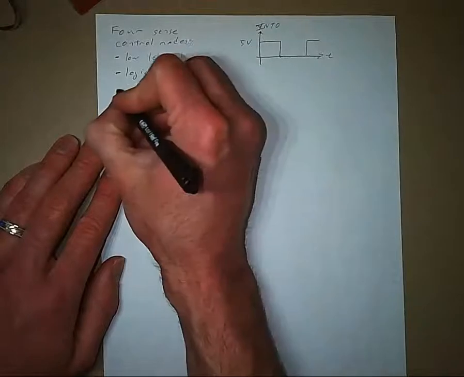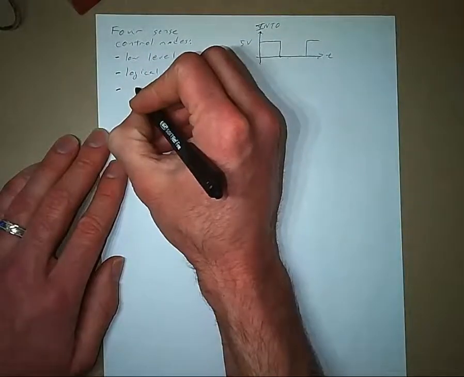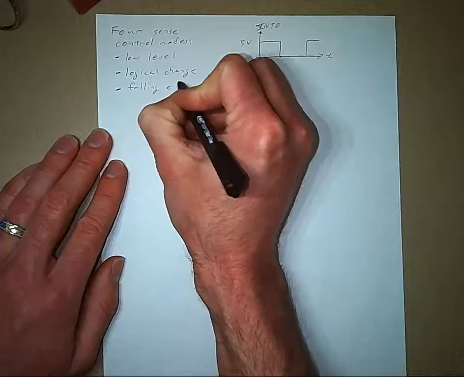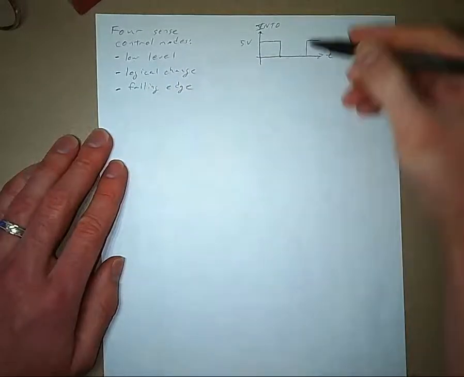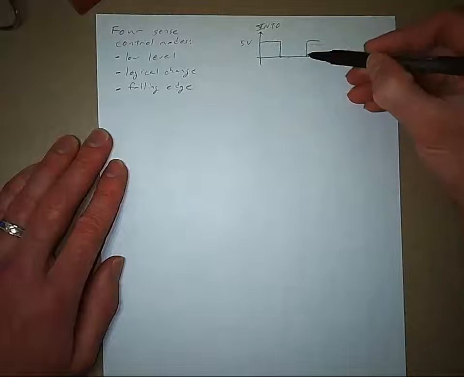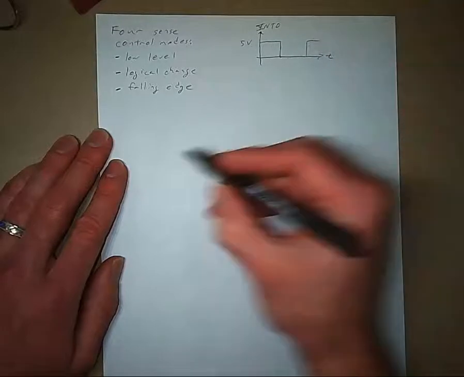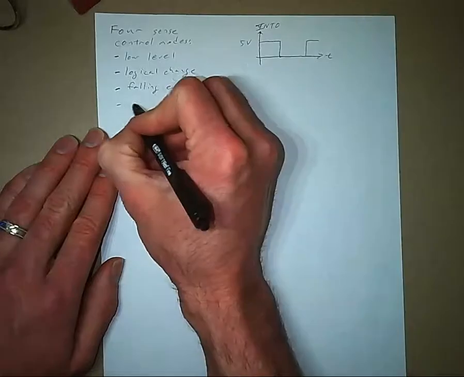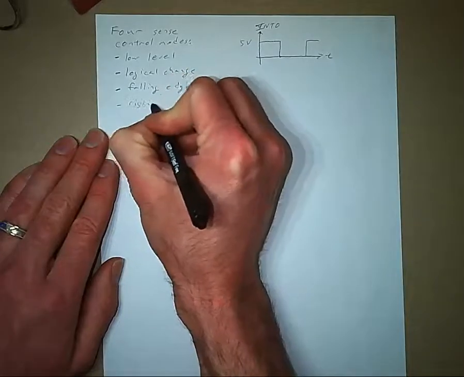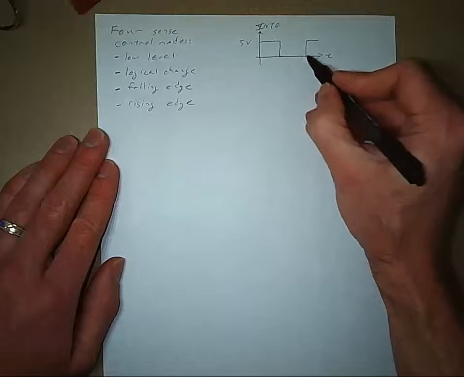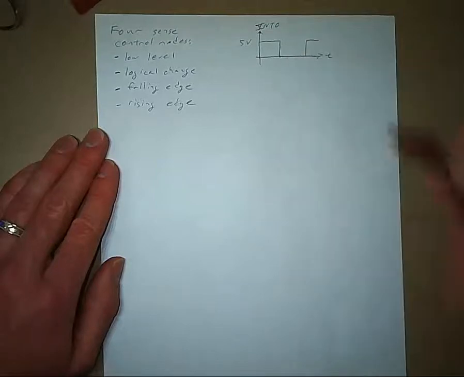And then the third way is falling edge. In this case, an interrupt would be generated at this cycle, but no interrupt would be generated here. And then the fourth way is rising edge. So in that case, we would generate an interrupt at this point, but not at this point.